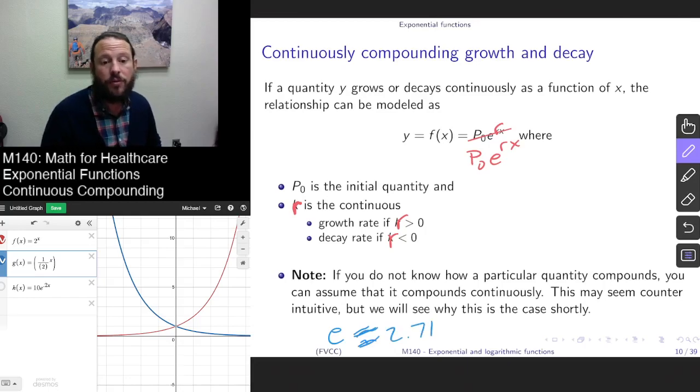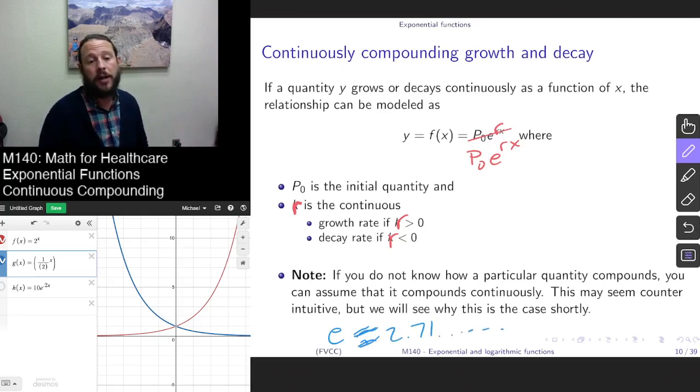It goes on forever. It's much like pi. It's a very special number. We call it Euler's number. If you don't know Euler, Leonhard Euler is a very famous, prolific mathematician who did amazing things for humankind in what he discovered. But anyway, that's a special number.